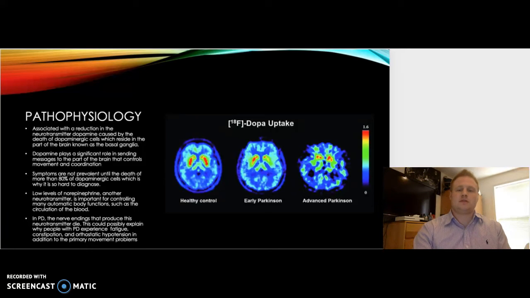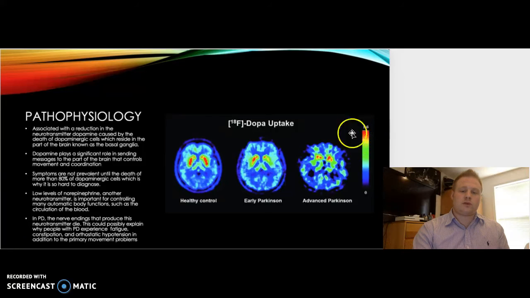So SPECT stands for Single Photon Emission Computed Tomography, and that's showing the activity level of dopamine in the brain. What they do is they intravenously give a patient a radioactive tracer that attaches to the dopamine, and as we can see in here, this is for a healthy individual.